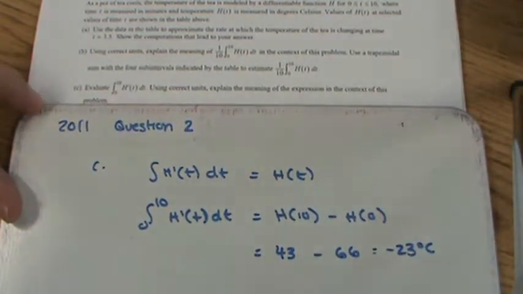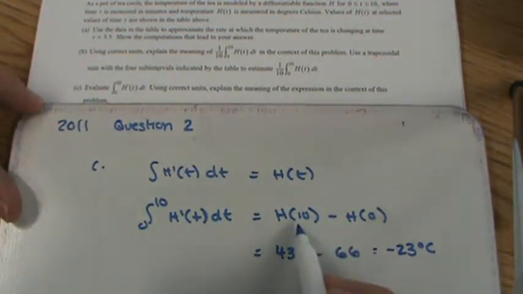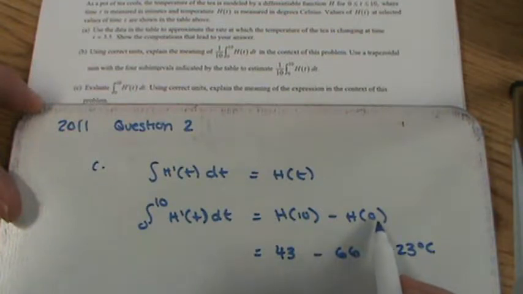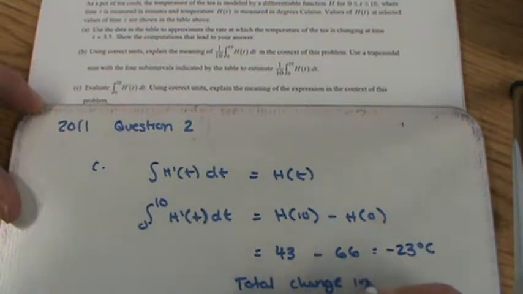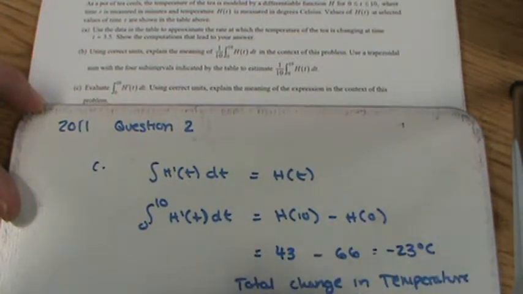Now, what does that actually mean? Well, this is its temperature at 10 minutes. This is its temperature at time t equals 0. So this is the change in temperature. This is the total change in temperature from t equals 0 minutes to t equals 10 minutes.